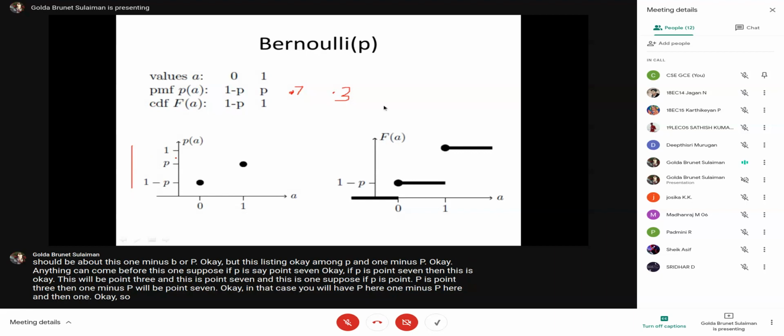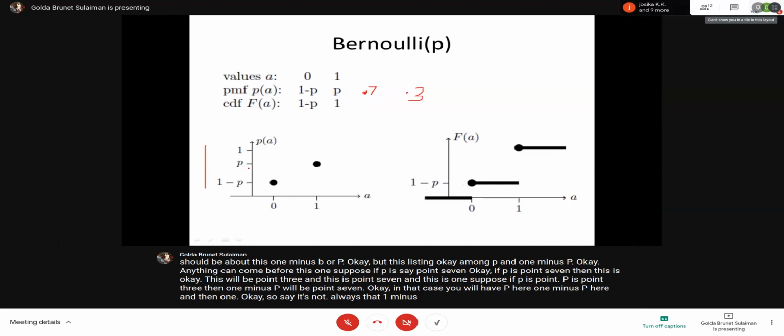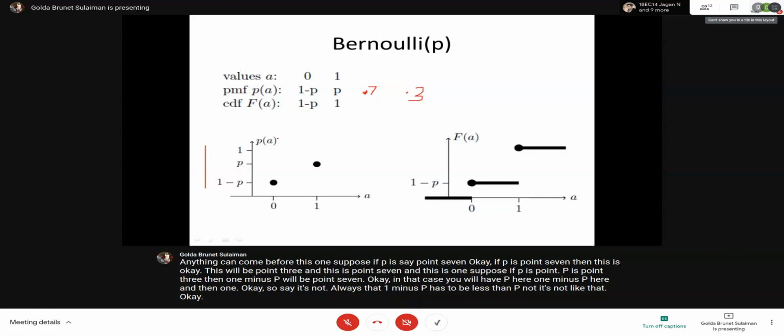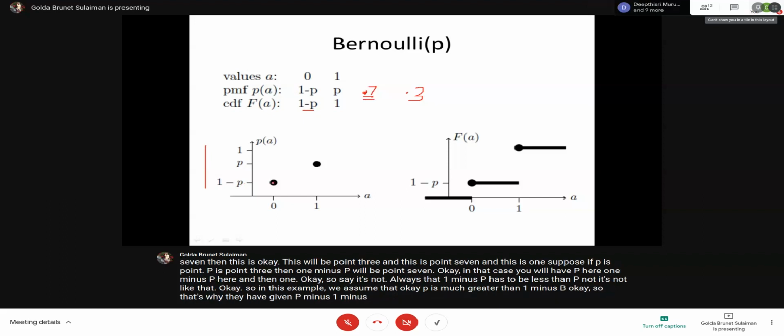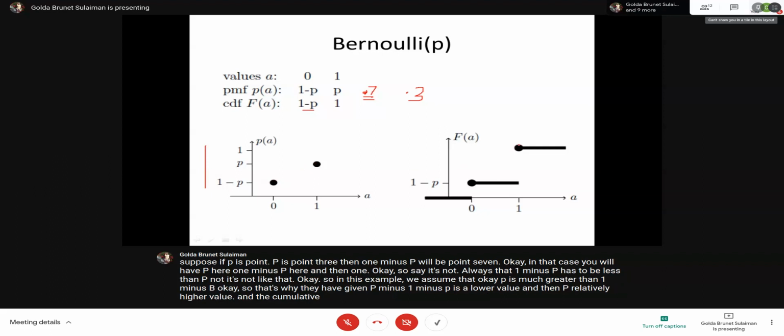So it's not always that 1 minus p has to be less than p. In this example, we assume that p is much greater than 1 minus p. So that's why they have given 1 minus p as a lower value and then p a relatively higher value. And the cumulative distribution as usual reaches 1. Any doubt so far?